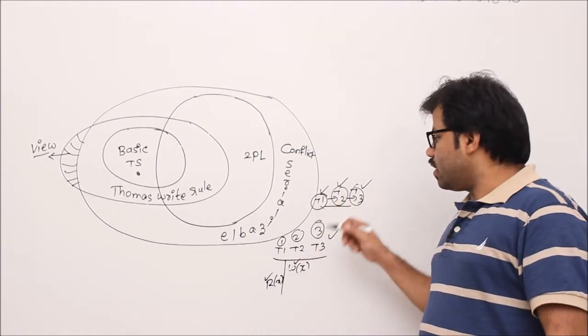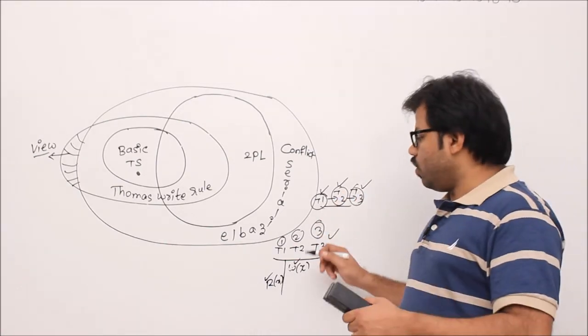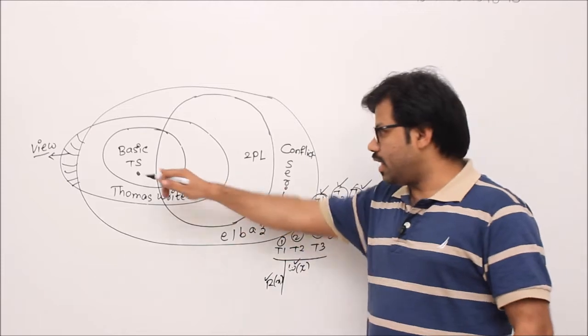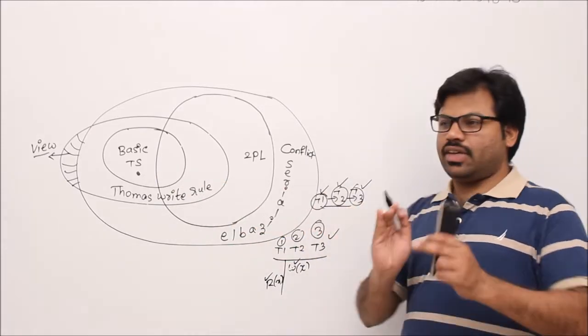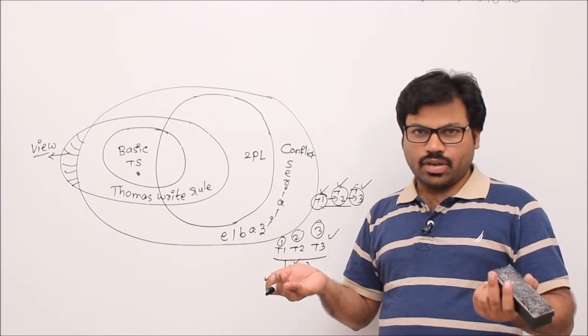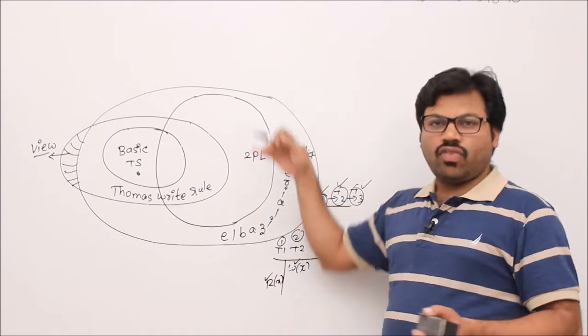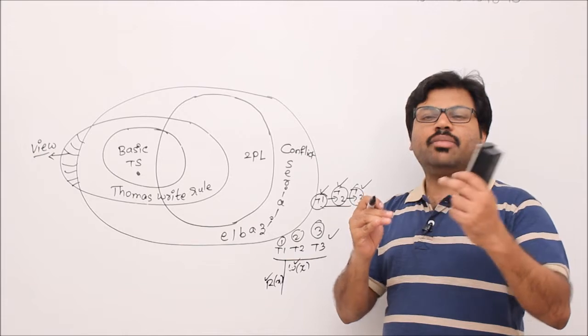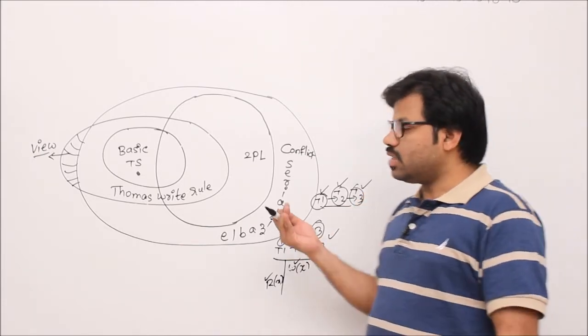So whatever schedule is allowed under basic timestamp will be ordered like this: T1, then T2, then T3. So automatically that is serializable, correct? That's why it will be conflict serializable, right? We can separate them into serial schedules. So that is the rough idea.